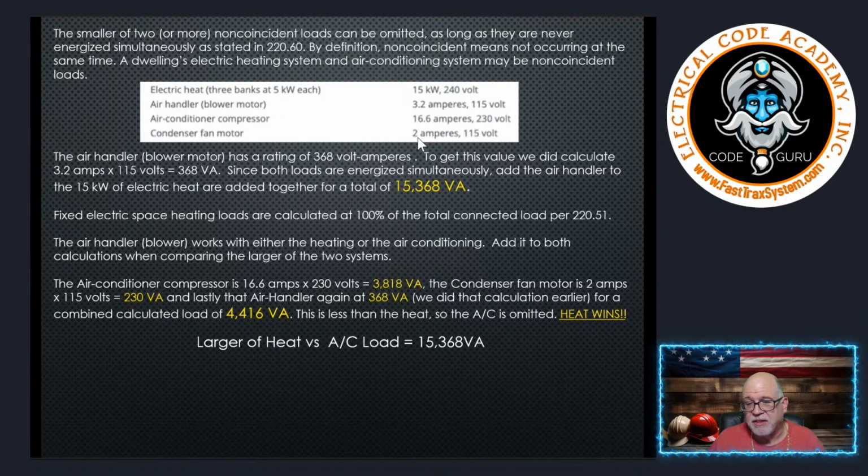Now, what does it say in the 2020 and the 2023 when it comes to looking at this non-coincident load? We really don't have to do this on our calculation, but you may have to. So listen up.